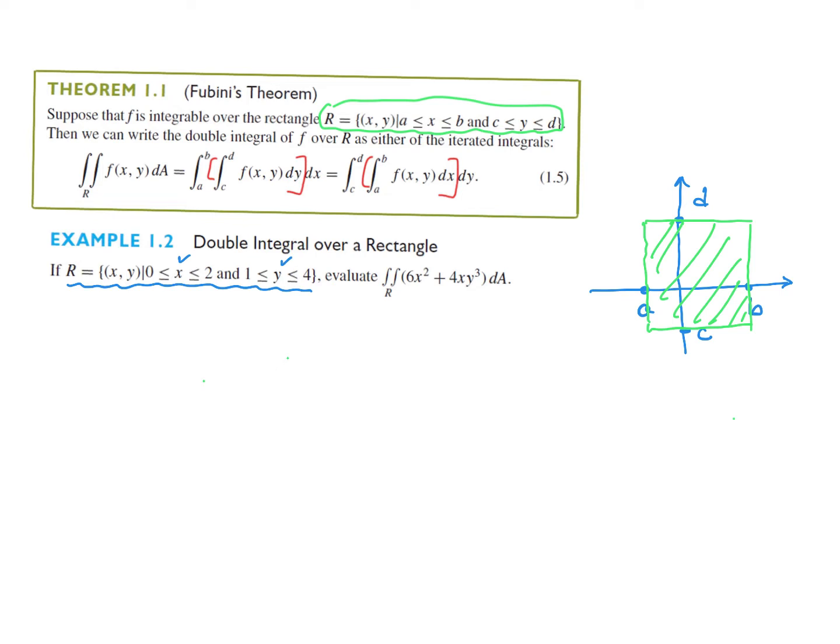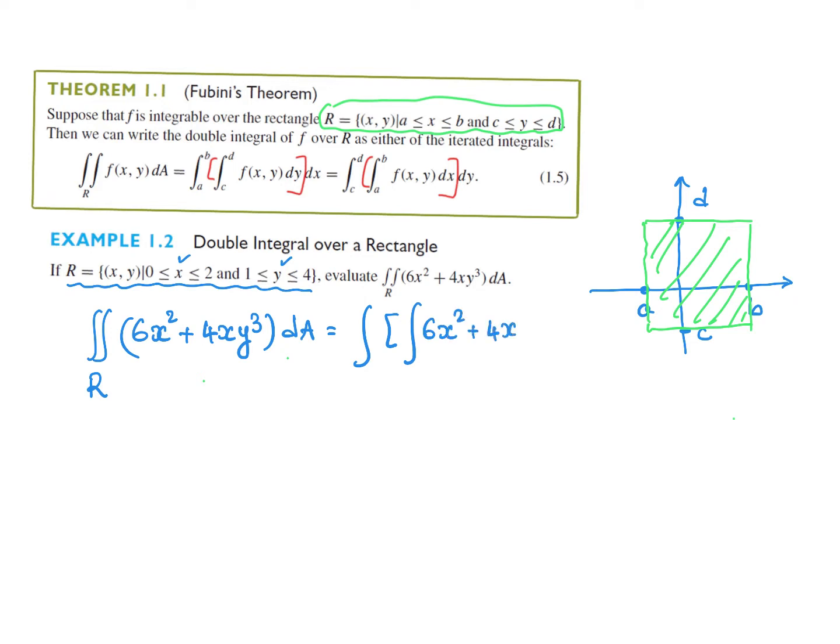And we want to evaluate this integral, the integral of the function 6x squared plus 4xy cubed dA. In this case, it really does not matter. We can start by integrating with respect to x.